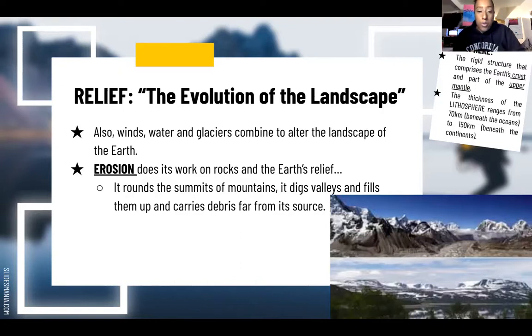But you guys are aware that erosion, weathering, and deposition or sedimentation are three slightly different parts of a whole process. So we talked about erosion, and I wanted you to affiliate transportation or movement with erosion. So we talk about winds, water, and glaciers being responsible for erosion, which is the movement of the particles from one place to another.